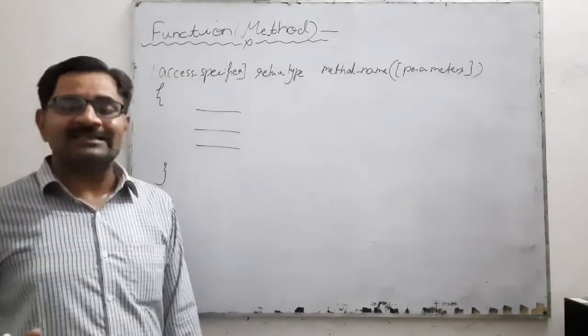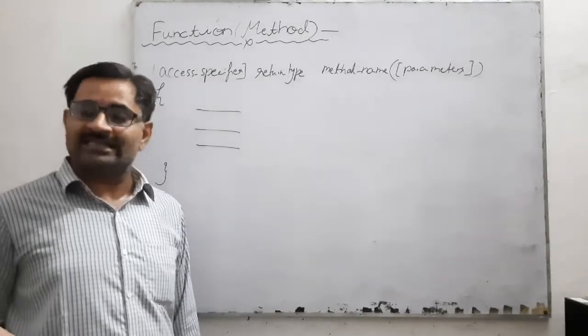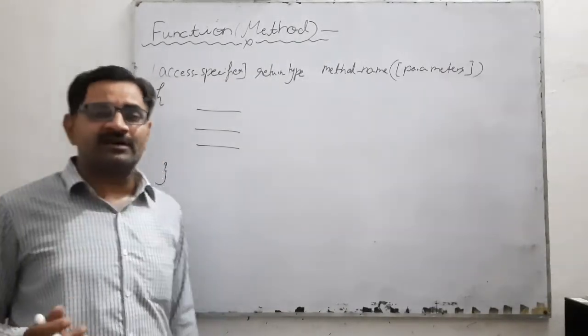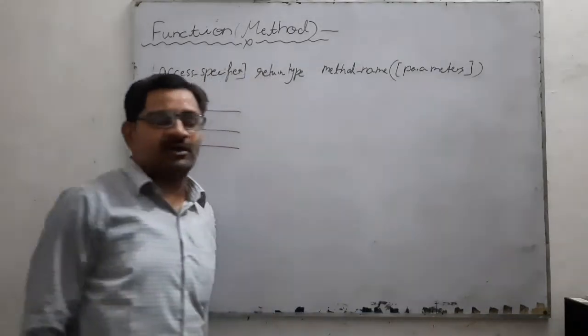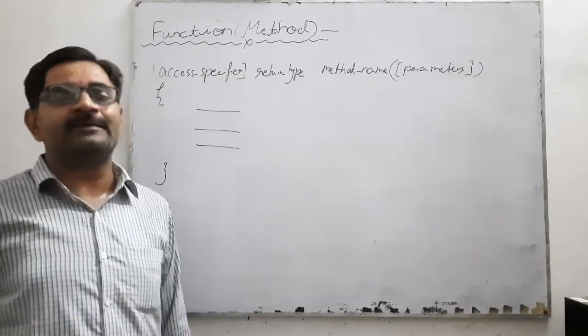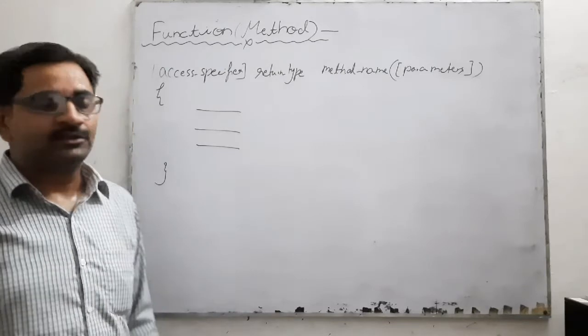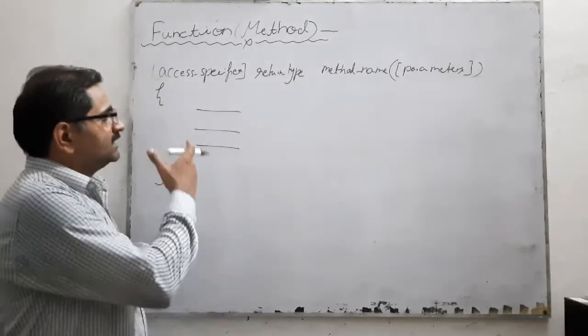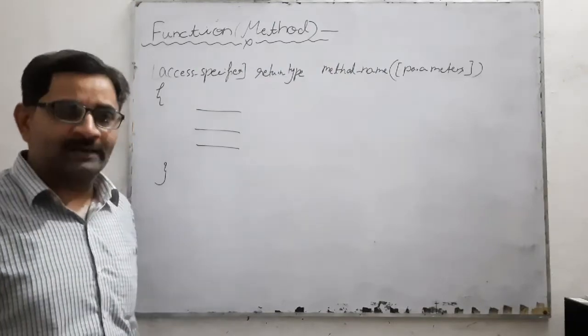Access specifiers like private, public, protected are the access specifiers in the form of keywords. And parameters are also an optional part, you may take or may not take, depending on the requirement. In this way we can use the method in a Java program.